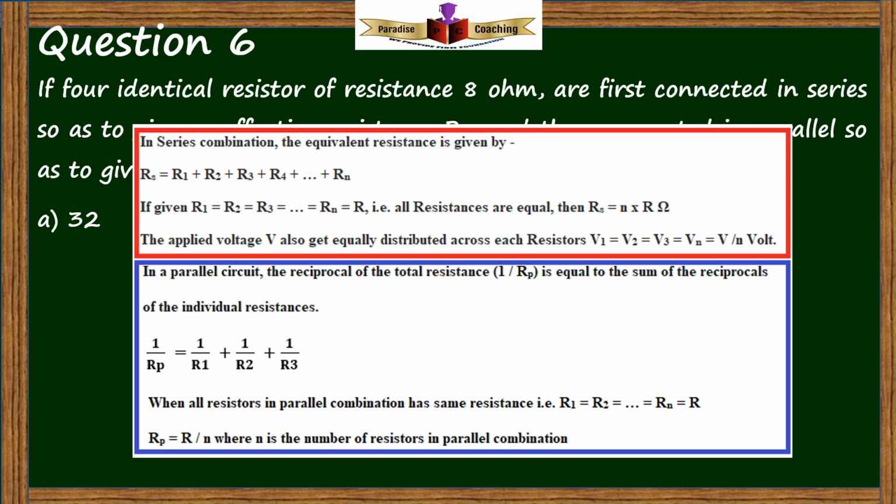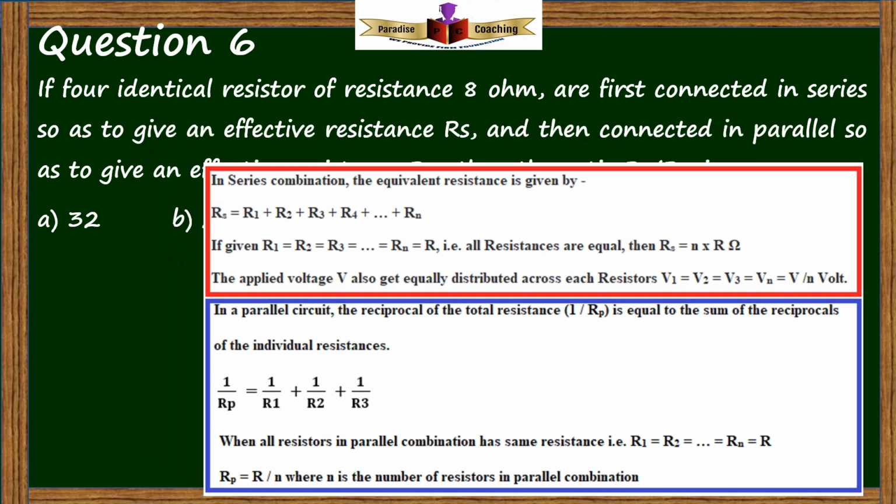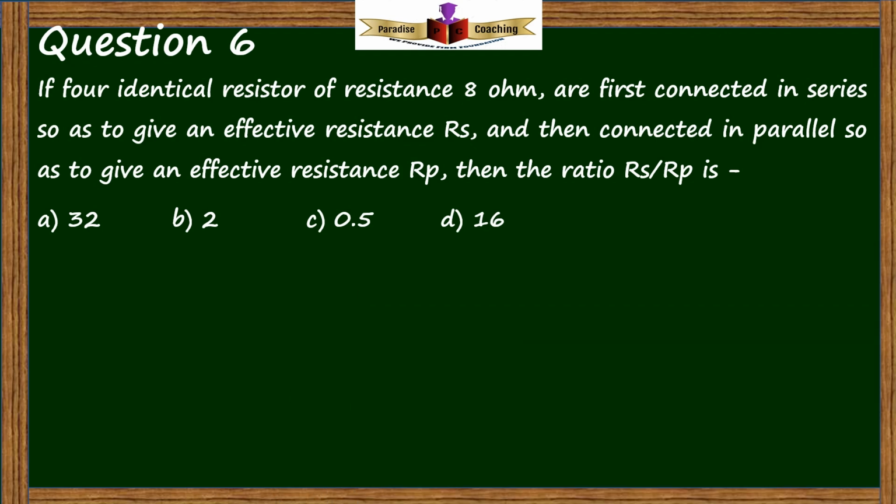Recall, in series combination, the equivalent resistance is the sum of individual resistances. When all resistances are identical, the equivalent resistance is the number of resistors multiplied by the resistance of each resistor. In parallel combination, the equivalent resistance is the resistance of any resistor divided by the number of resistors. Given R equals 8 ohms and N equals 4.